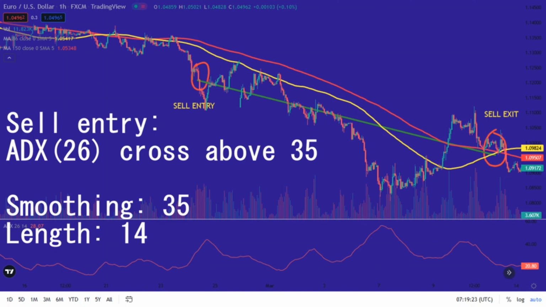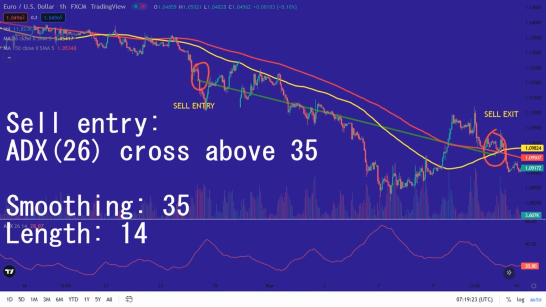It is simple, but if, for example, it only crossed above like 34 or 33, don't open the trade. Wait until it is closing above 35.